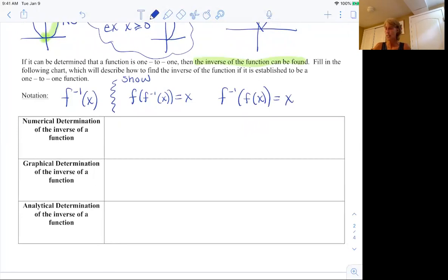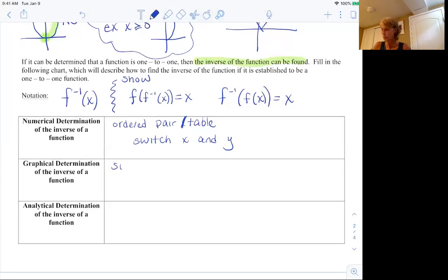Basically, if we want to find the inverse of a numerical, meaning an ordered pair or a table, we're just going to switch x and y. And remember, switching x and y is an easy way of saying switching the domain and the range.